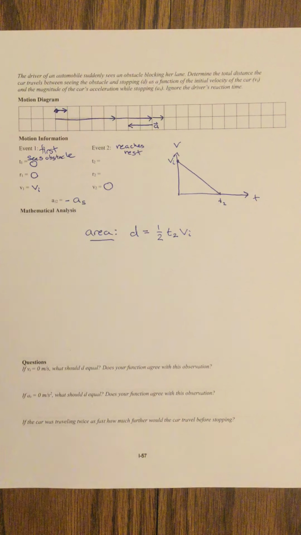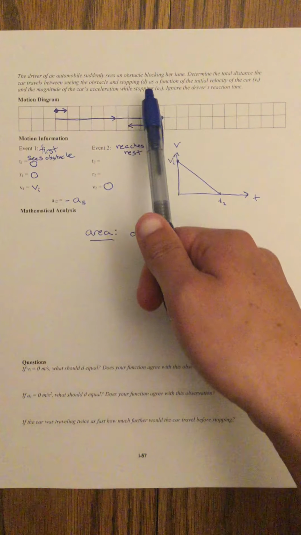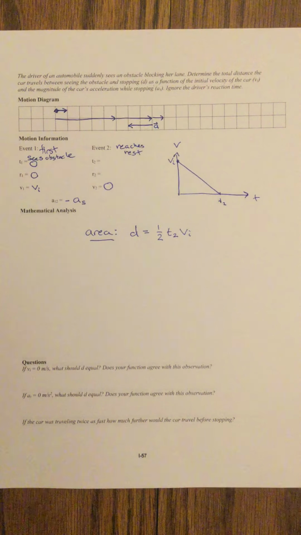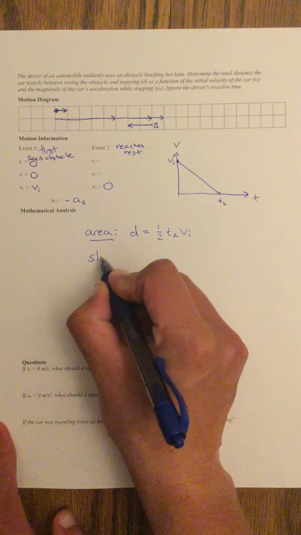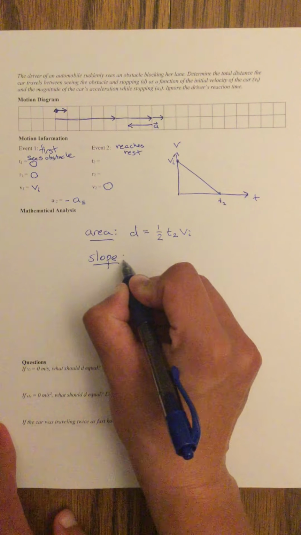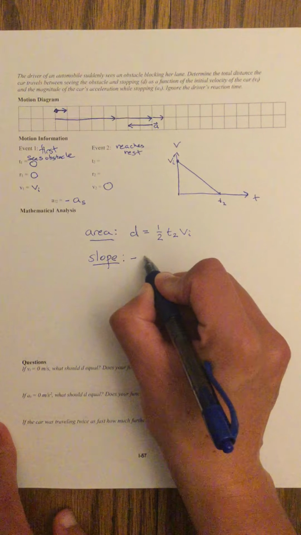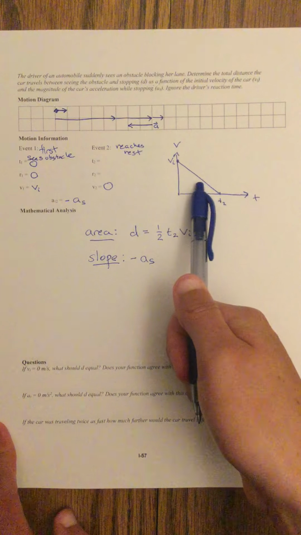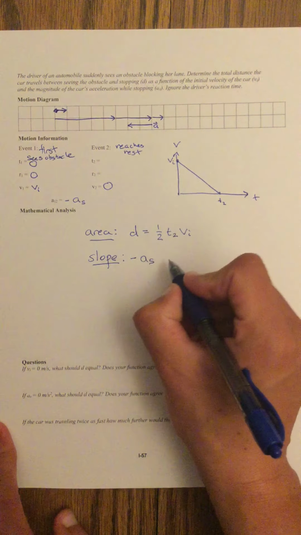Since there's a T2 in there and I wasn't given a value for T2, I have to get rid of this unknown. I can only have in my final answer values that they give me in the problem here. So then I look at the slope. The slope is negative AS, so the slope here is negative. The magnitude was AS.